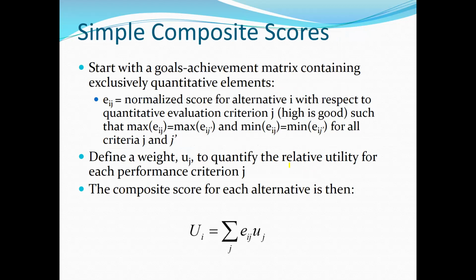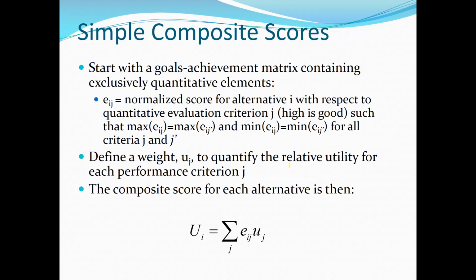So if you have multiple criteria, multiple quantitative measures that you've achieved, one way of doing decision analysis is coming up with simple composite scores. So what are these simple composite scores?